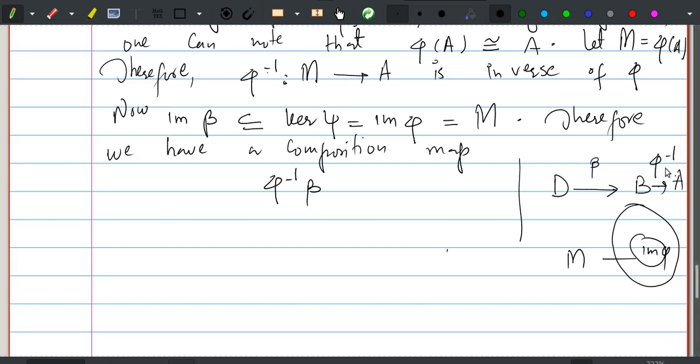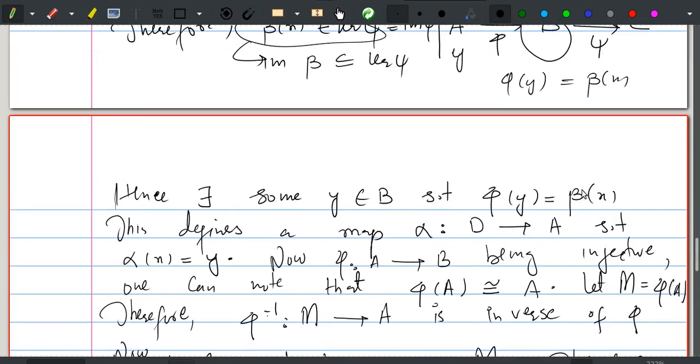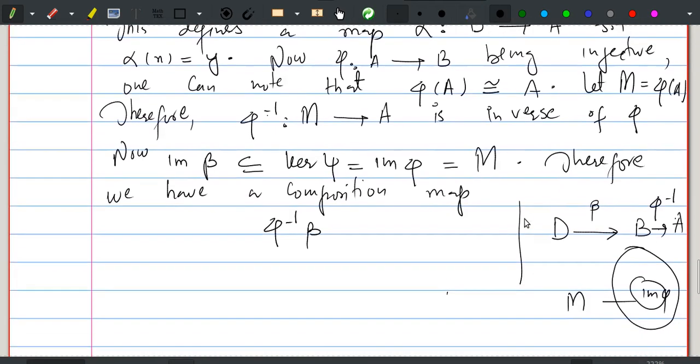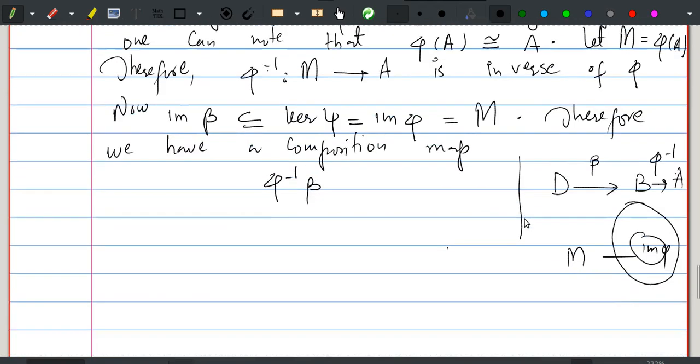So this is the map which goes from D to A such that alpha of x is y.